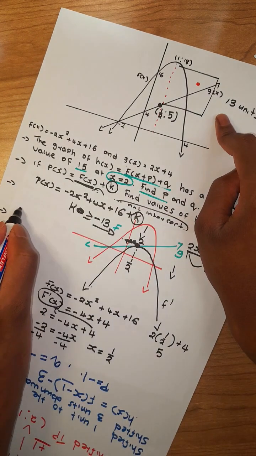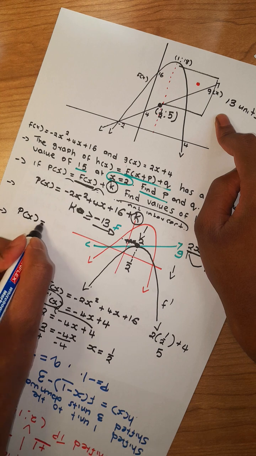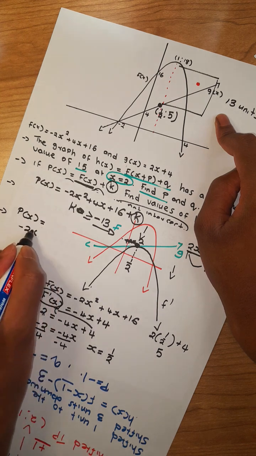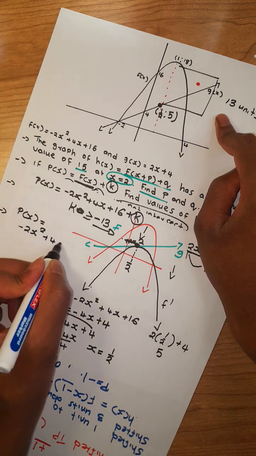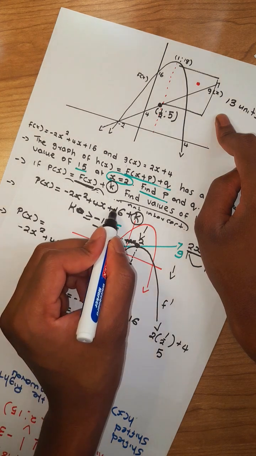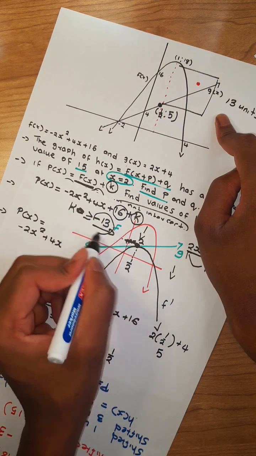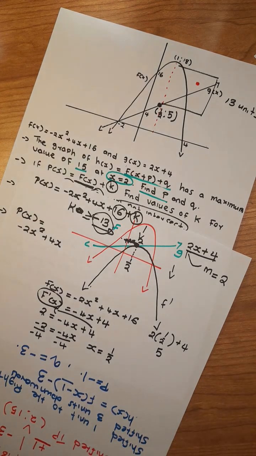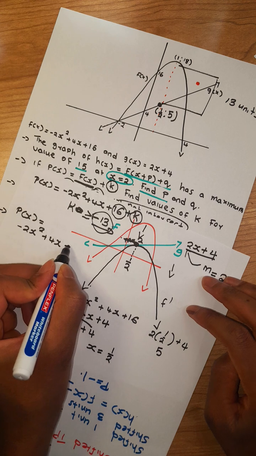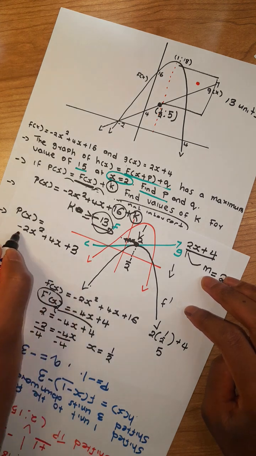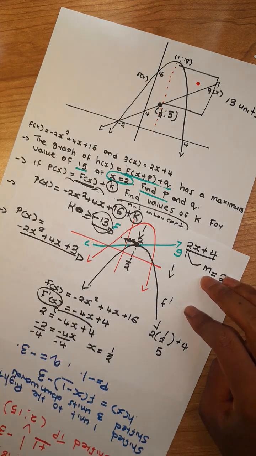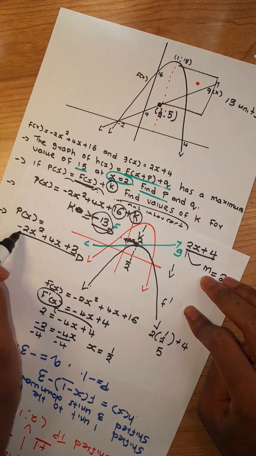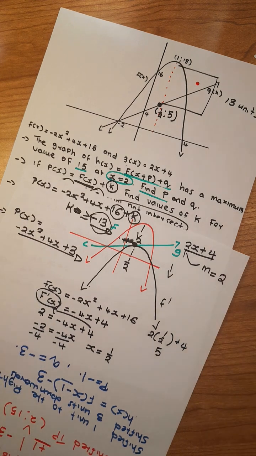So the new function of p at x becomes minus 2x squared plus 4x plus 16 minus 13. So 16 minus 13 becomes 3. So this is your equation of p at x. And this is how you were supposed to find it.